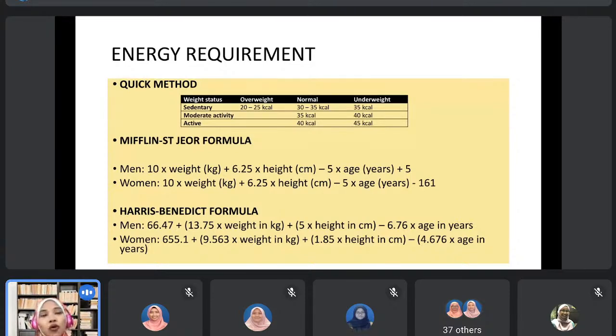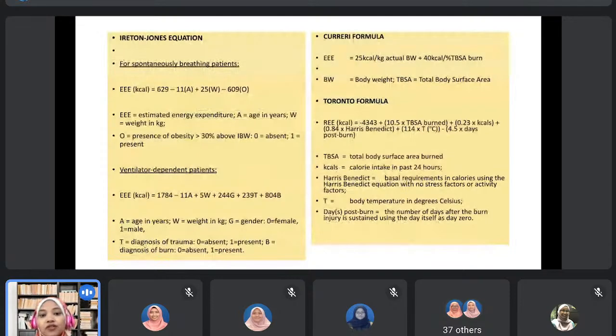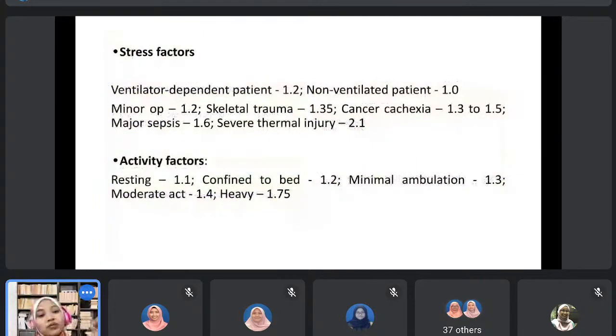And there are a lot more formulas that can be used to calculate BMR, like Ireton-Jones, Toronto, and even we Malaysians have Suzana's formula. And you have to count in the stress factors.